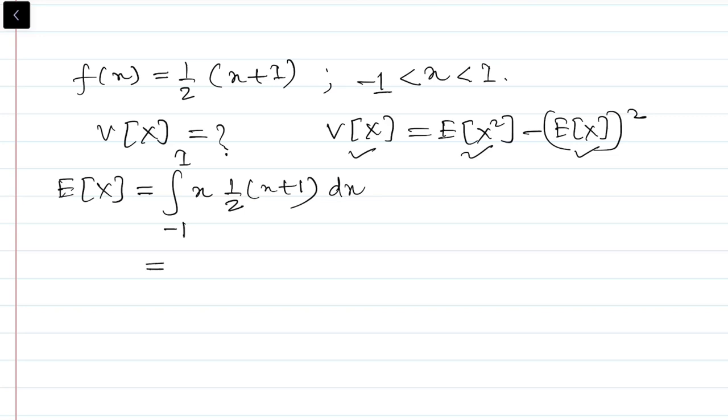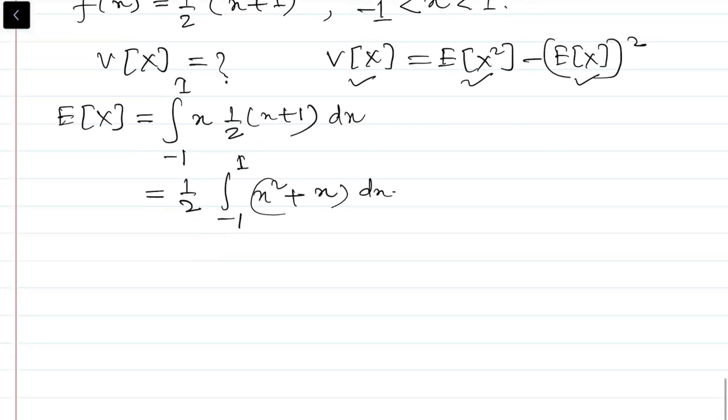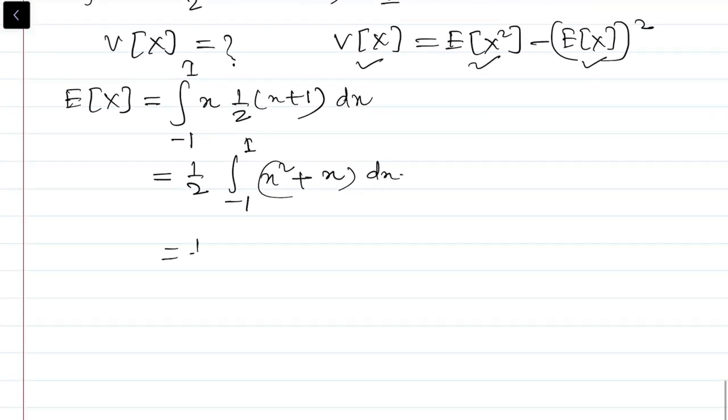Now we need to integrate this. We can bring the constant outside of the integration. This is the integral from -1 to 1, and then we multiply this x inside the bracket. This is x square plus x, dx. So now this is x cube divided by 3 plus x square by 2, from -1 to 1.